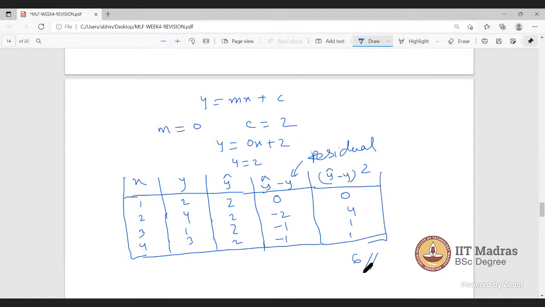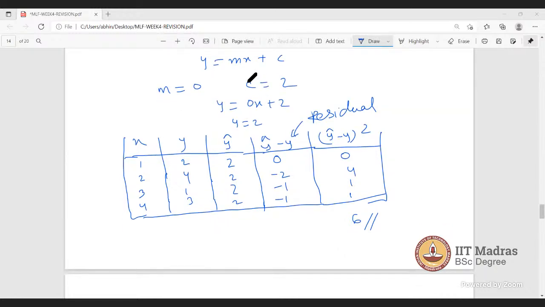But here, ma'am, sir had just explained that the sum of squared residuals would be divided by 2. Yeah, that is the sum of squared error, right? Here we do not consider this residual as error. You just take this residual as your prediction minus your target, that is the original value.